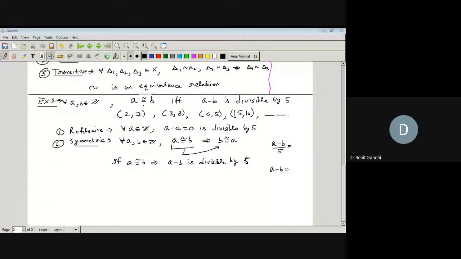If a minus b is divisible by 5, a minus b 5 से divide हो रहा है, right? तो a minus b किस टाइप के elements होंगे? आपने बताया ना a minus b is divisible by 5, it means a minus b किस टाइप के elements होंगे?